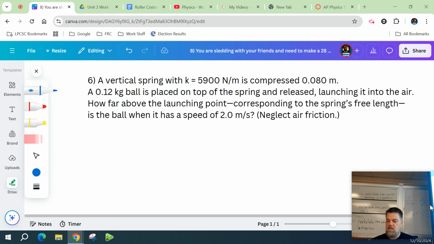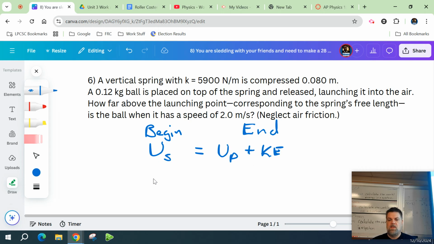So the first thing is that the energy is conserved. In the beginning, you have potential energy due to a spring. That has to be equal to potential energy due to gravity based on the height, and some kinetic energy because it's moving.